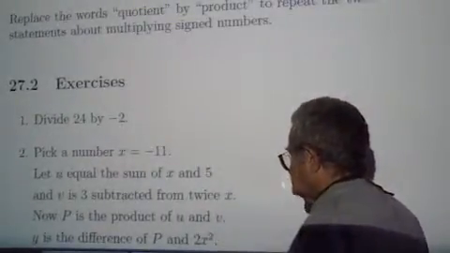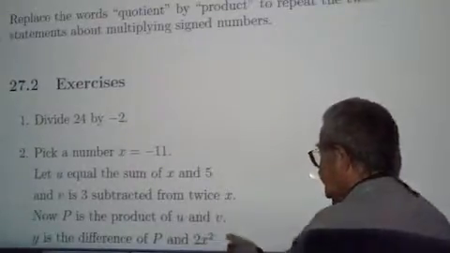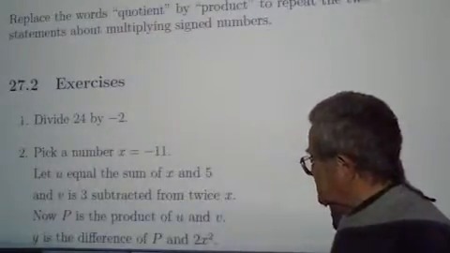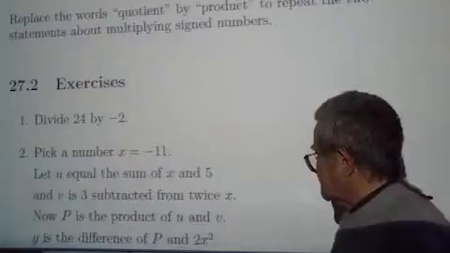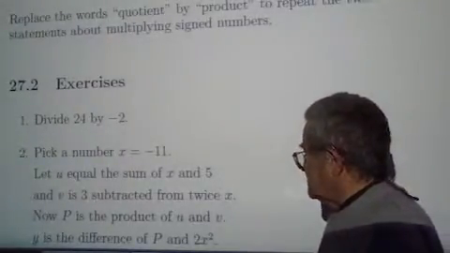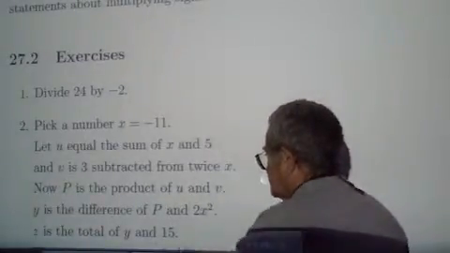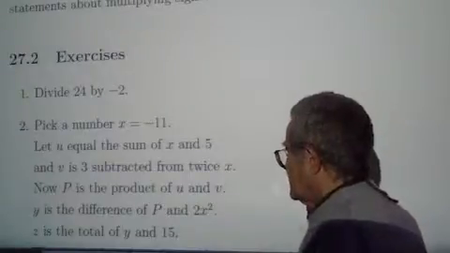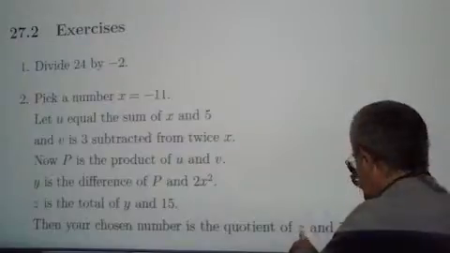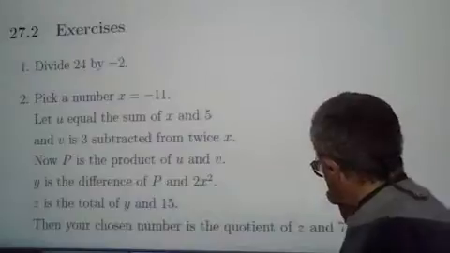And then Y is the difference of P and 2x squared. Now subtract from and difference, be careful. Okay, difference of P and 2x squared. And then Z is the total of Y and 15. And then finally, your chosen number should be the quotient of Z and 7. You think we agree with that?